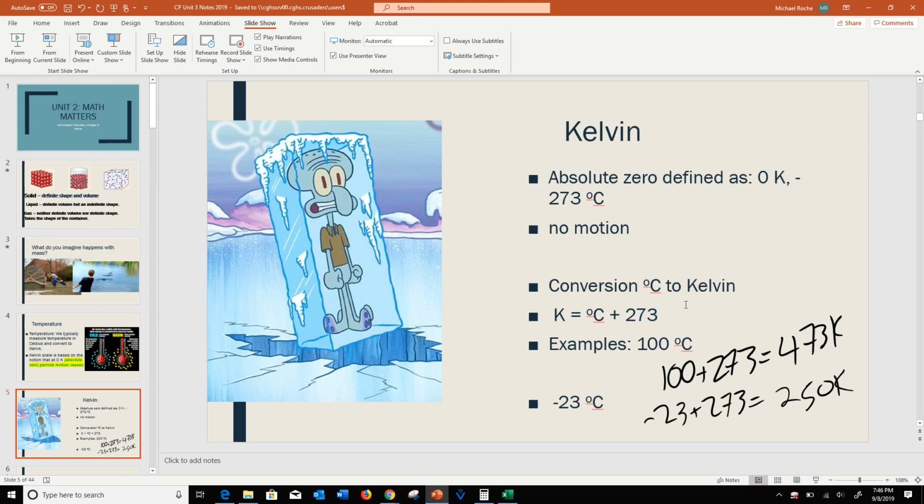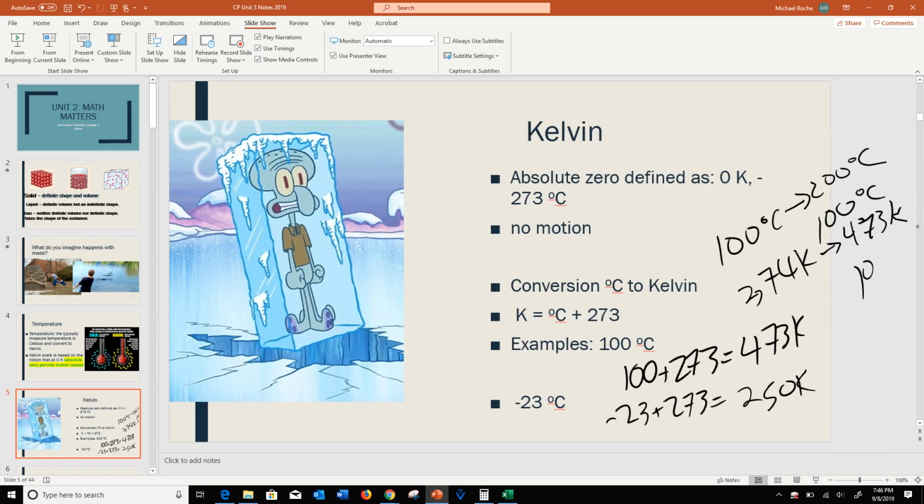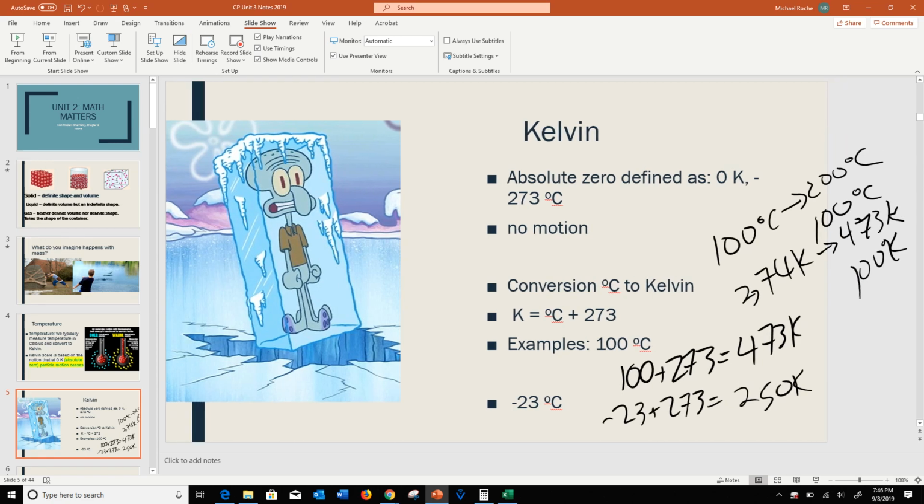So if you go up 100 degrees Celsius, you go up 100 Kelvin. So the difference between 100 degrees Celsius and 200 degrees Celsius is 100 degrees Celsius, and it's also 100 Kelvin, because that would be 373 Kelvin to 473 Kelvin. So that's also 100 Kelvin, if that makes sense.